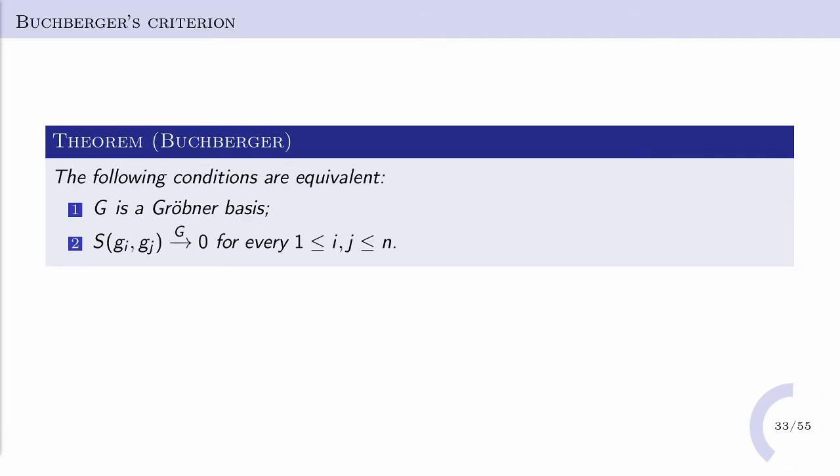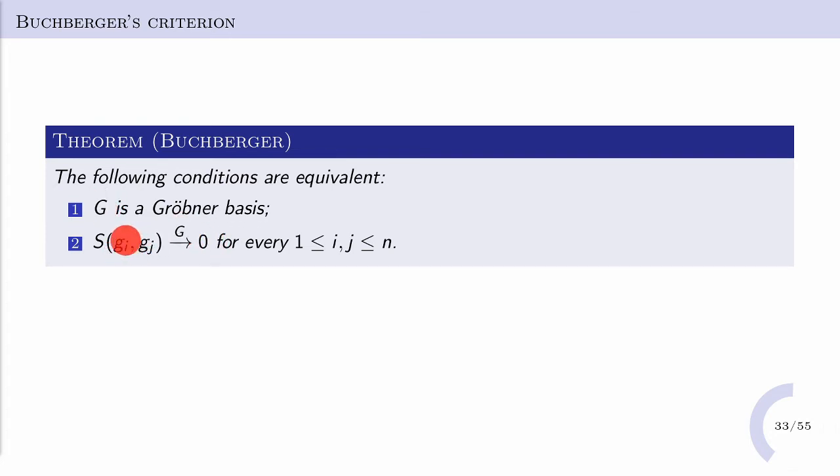And the criterion that I was referring to, the Buchberger criterion, which was probably the starting point of his PhD thesis, says that a set G is a Gröbner basis if and only if every S polynomial of two polynomials from this set reduces to 0 modulo G.